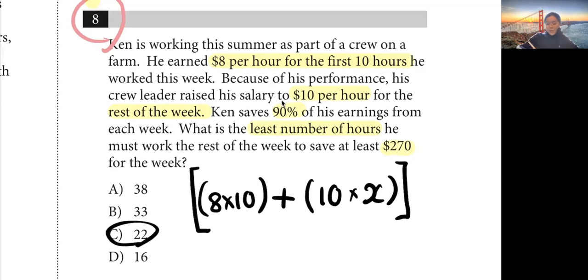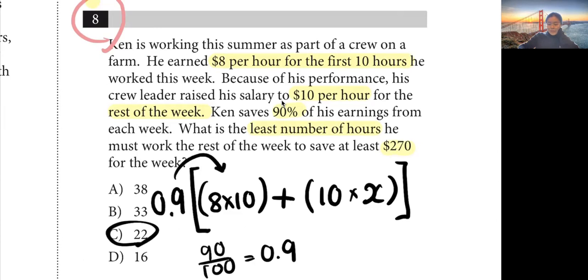You're going to look for 90%, right? So multiplying this whole thing by 0.9 will give you 90% of his total salary gained in the week. So yeah, that's that. 90% is done.